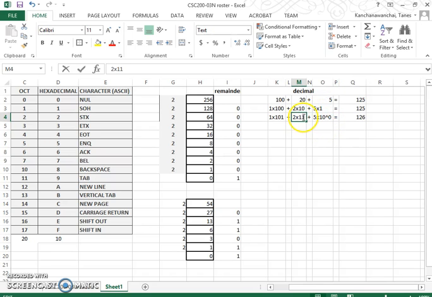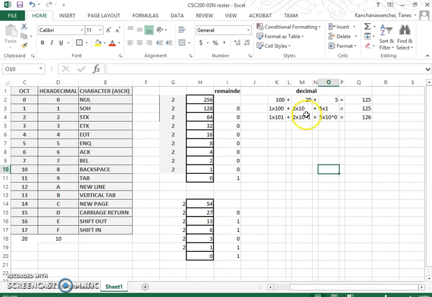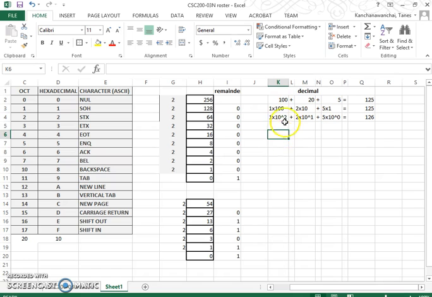And this is 10 to the power 1, right? Because 10 to the power 1 is 10. 10 to the power 0 is 1, right? And this is going to be 10 to the power of 2, which gives you 100. Correct? And why 10?